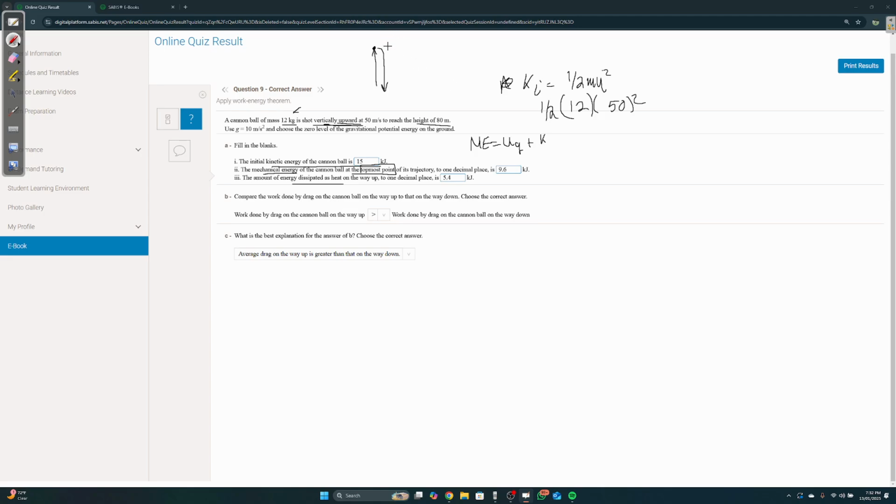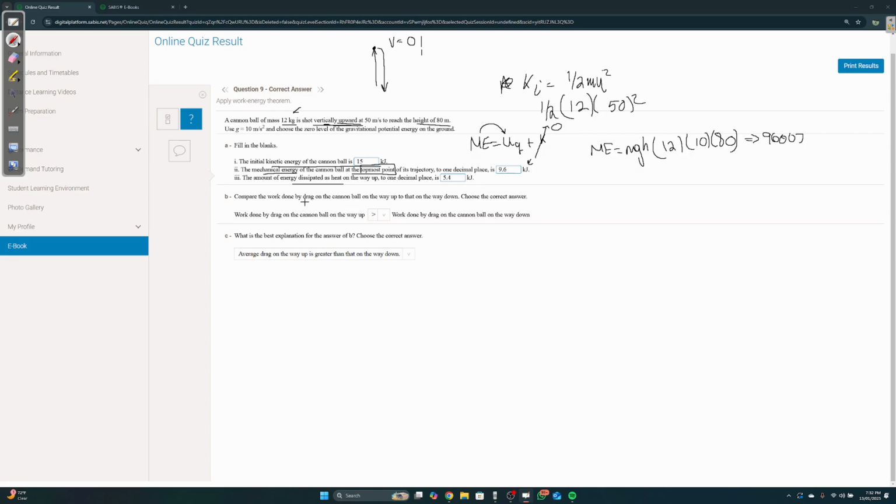Exactly. So at the topmost point, V is equal to 0, so the kinetic energy will be 0. So the mechanical energy at that point will be equal to U gravitational, which is mgh. That's the mass, 12, times g, 10, times the height, 80 meters. When you calculate this, you get 9,600 joules. But they want it in kilojoules, so divide by 1,000 and you get 9.6.